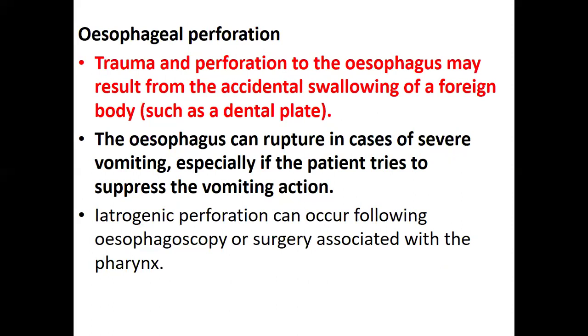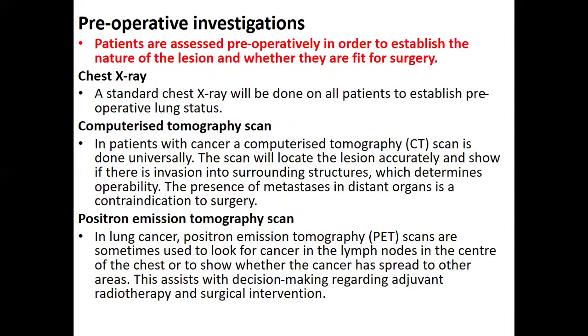Esophageal perforation, trauma and perforation to the esophagus may result from accidental swallowing of a foreign body, such as a dental plate, and the esophagus can rupture. All that as well can call for thoracic surgery.